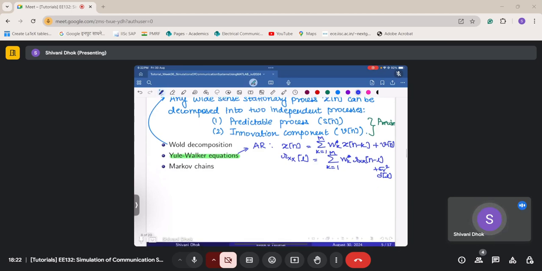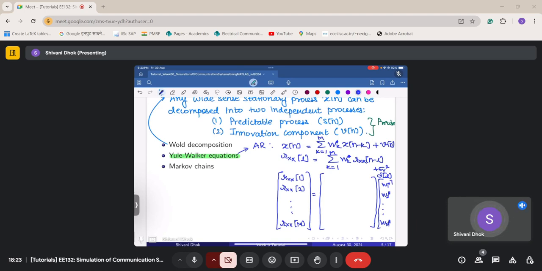And now this thing we can vectorize like this. Then this can be written as something getting multiplied by your weights, that is w1 conjugate, w2 conjugate, and so on till wm conjugate.